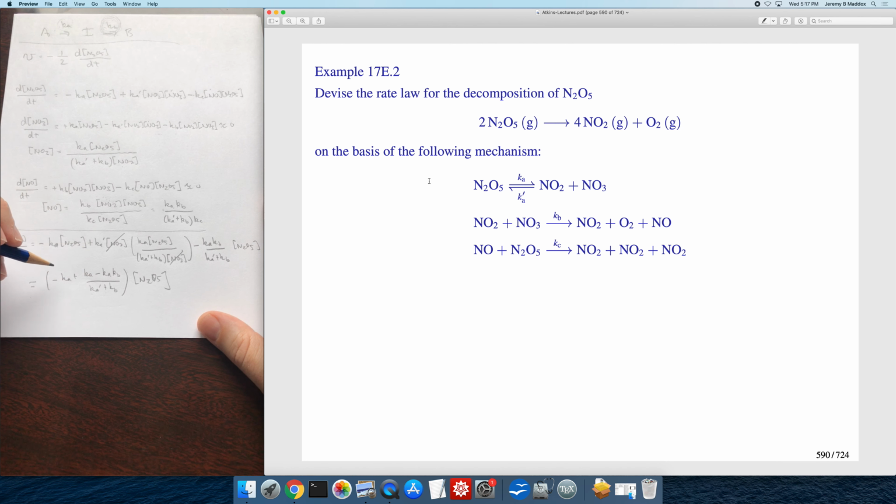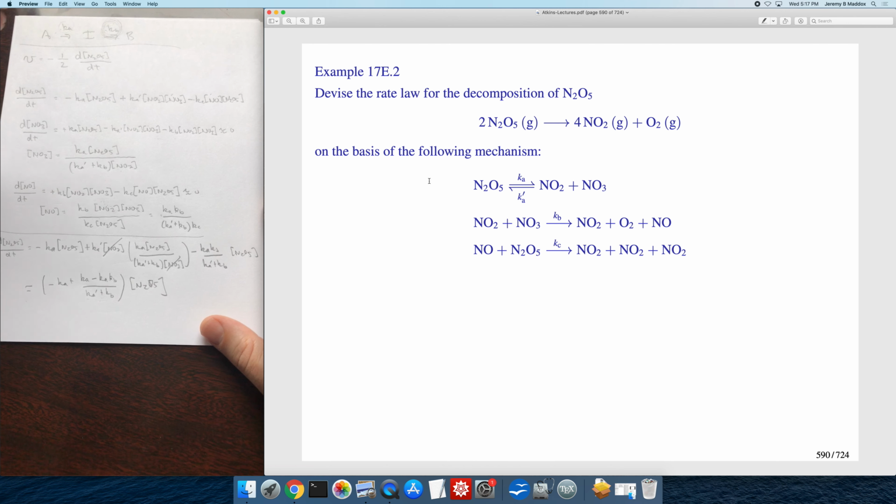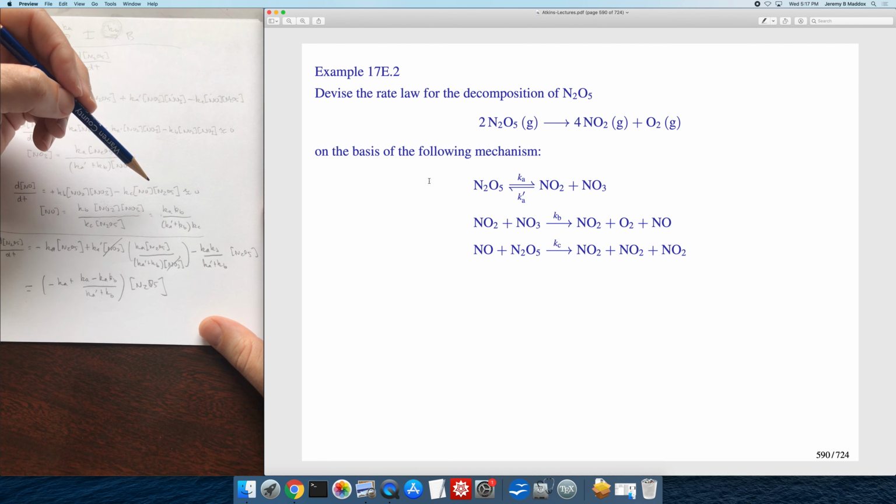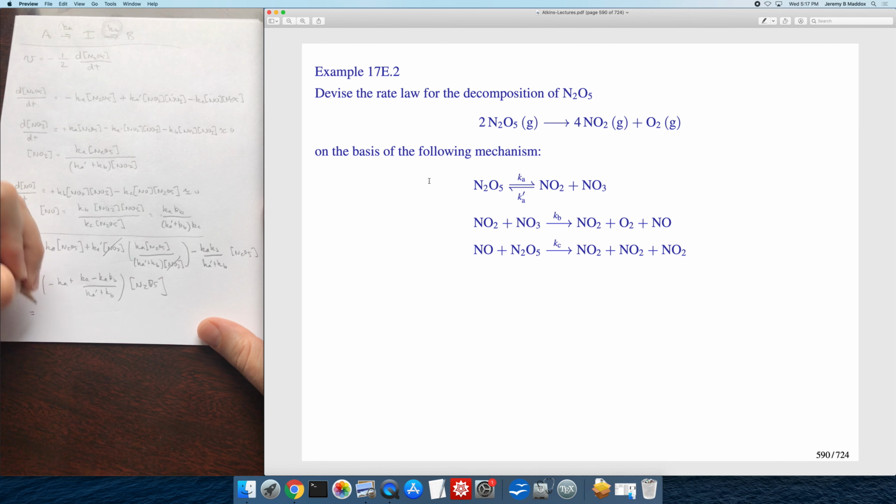And I believe this further simplifies. Unless I made a mistake somewhere. Let's go ahead and rearrange it.